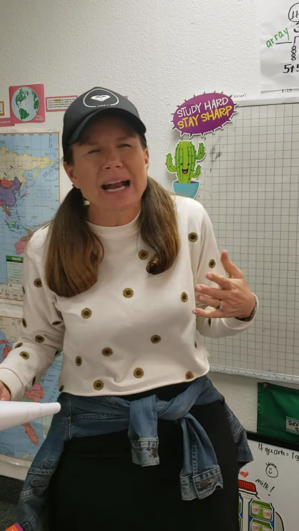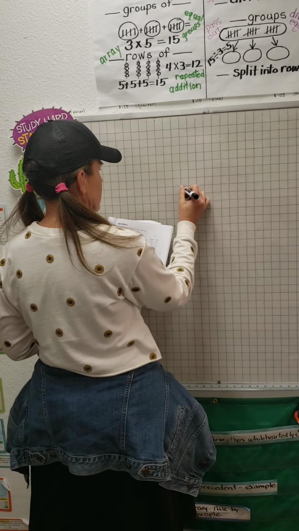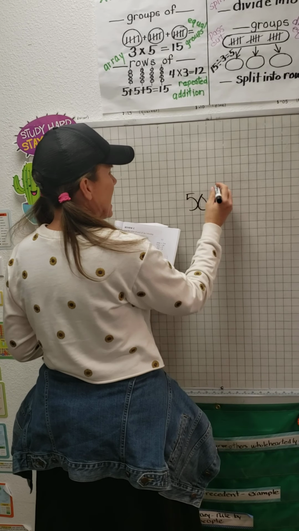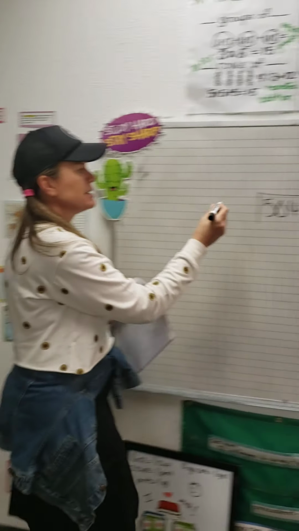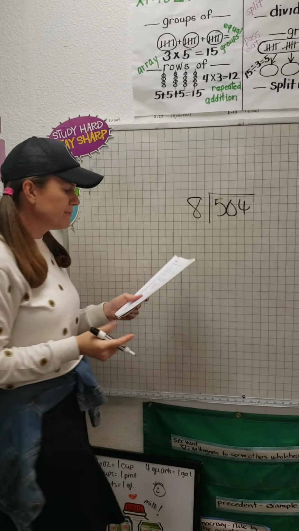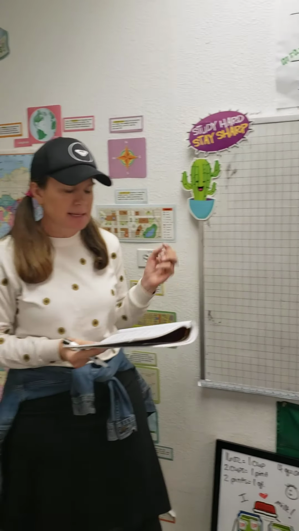You're wondering, am I going to multiply? Am I going to divide, add, subtract? So there are some clue words there. So he received $504 for selling pens at 8 each. So that would mean that we would divide.